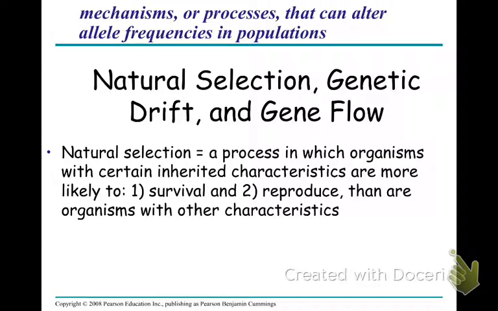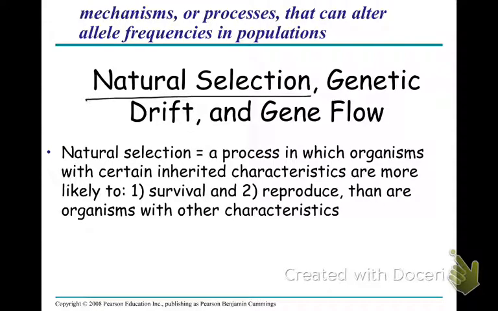Now we move to the part where we talk about what are the mechanisms and processes that can alter allele frequencies in a population. So there are 3 mechanisms that can change the allele frequencies. Natural selection is one very important one, and it's very slow. It is very much dependent on the environment.